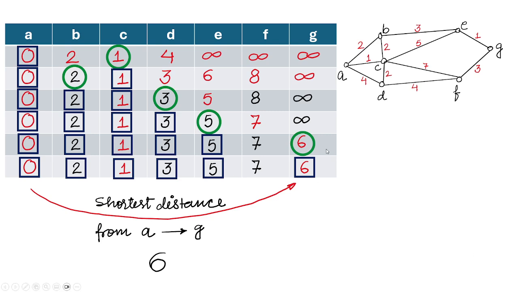If I come from here, A to C, it is 1, 1 plus 5, 6, 6 plus 1, 7. No, I cannot because the shortest distance is 6. So 2 plus 3, 5 plus 1. Oh, this is the one. So I have to start from A, then reach B, then E, and then to G. So in this way, I can search for the path which is shortest.